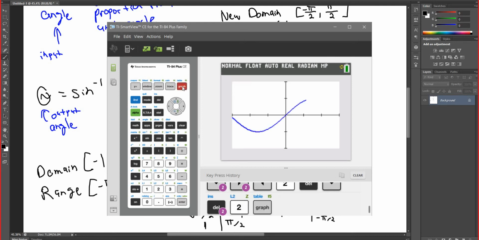Alright, this should look a little bit better. So if you look, if I were to draw the line y equals x, it mirrors about the line y equals x, which is a property we have from inverses, which was chapter 1 or chapter 2. But it is a mirror image of our sine function.